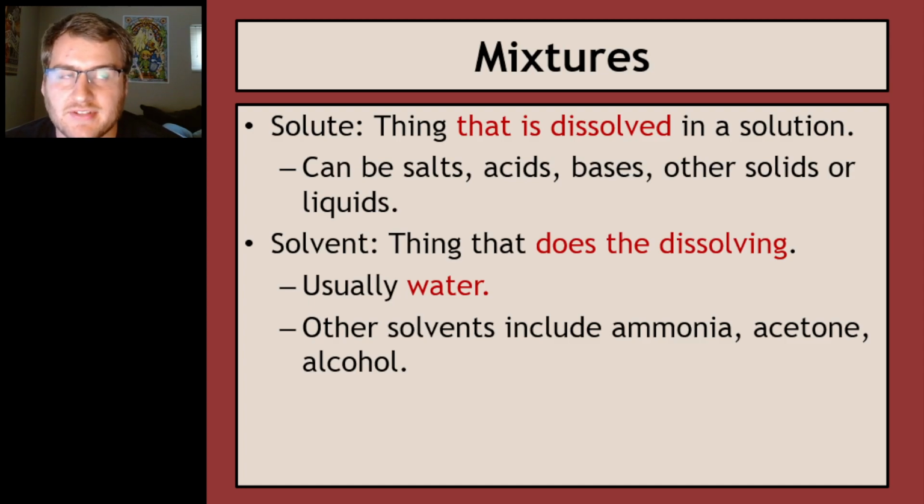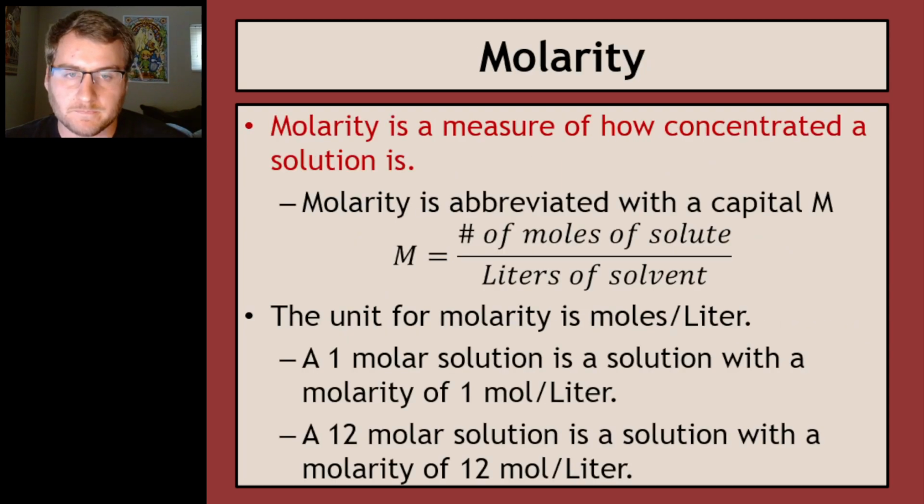There are other organic solvents. Things like ammonia, acetone, alcohol are better at dissolving certain things than water is. Water's a really good universal solvent, but it doesn't dissolve absolutely everything. It's really bad at dissolving non-polar compounds and stuff like that. So you'd use something like acetone, or maybe not alcohol, but benzene or some sort of organic solvent to help dissolve those sorts of things.